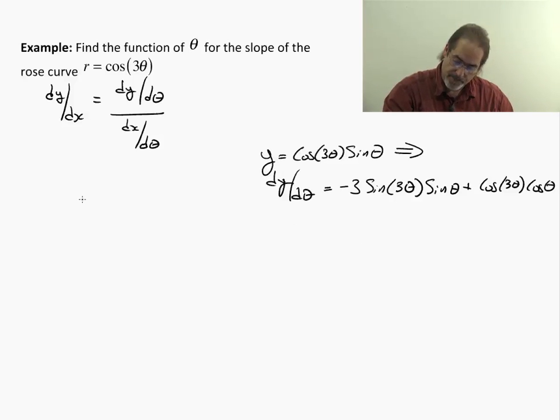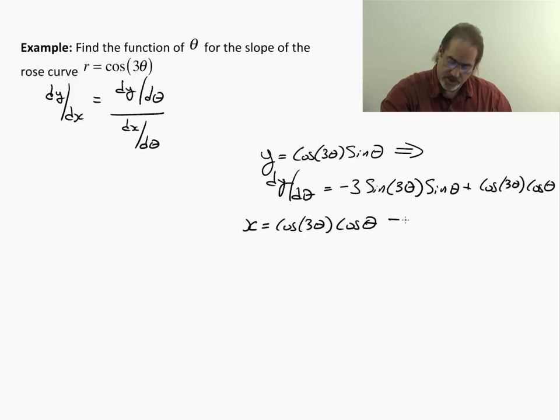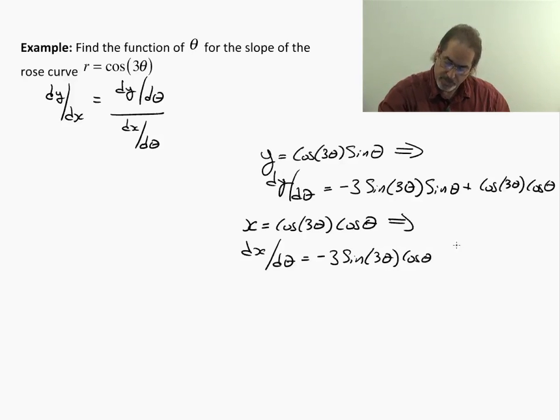Okay, so x is going to be r cosine theta, which is cosine 3 theta times cosine theta. That would then tell us that dx d theta must be equal to, again, a negative 3 sine 3 theta times cosine theta minus cosine 3 theta sine theta.